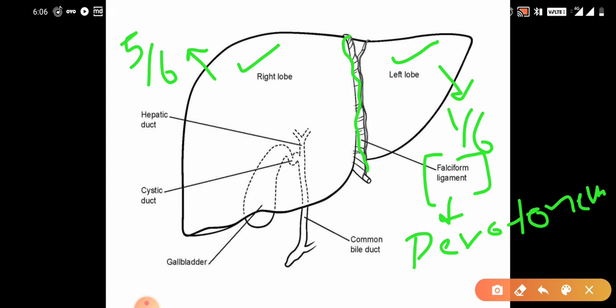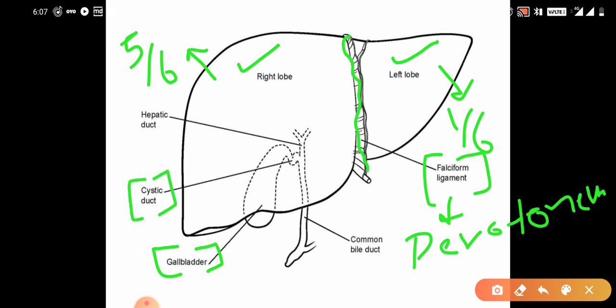In the base of the right lobe, there is one notch where gallbladder is present. The function of gallbladder is to concentrate the bile juice that is secreted by the liver, and this bile of this gallbladder is drained by cystic duct.